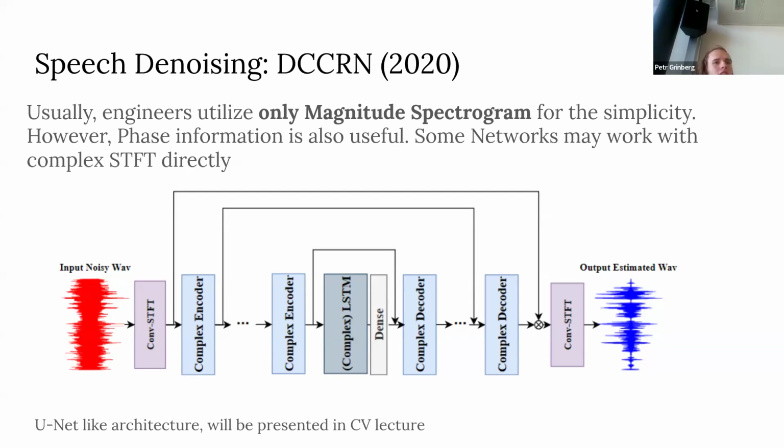And also, you can't work with complex values directly, because it's complicated. So we want something real and we choose the magnitude spectrum. But some networks can work with complex STFT directly by applying complex versions of the original models that we discussed previous week. Like we will have complex convolutions, complex RNN, LSTM, complex fully connected layers, and so on.